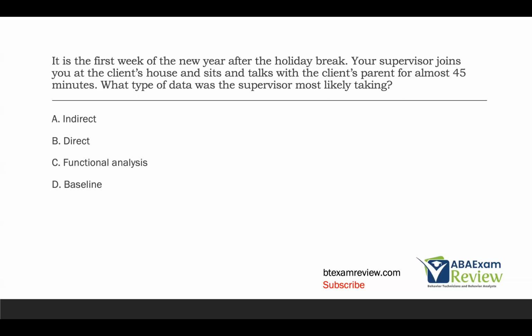And then D, baseline. Baseline data requires observation of the client. So technically, functional analysis data and baseline data are actually direct data, okay? So B, C, and D are all direct, and we're not taking direct because we're not observing the client. We're interviewing the parent. So what type of data was the supervisor most likely taking? Well, indirect data.